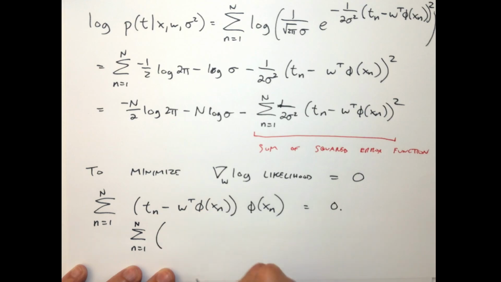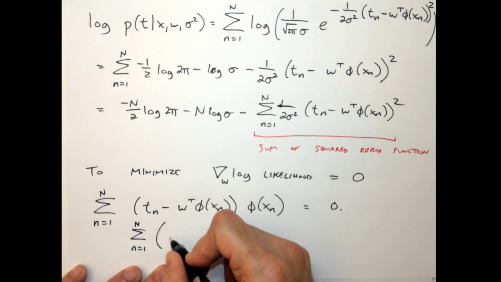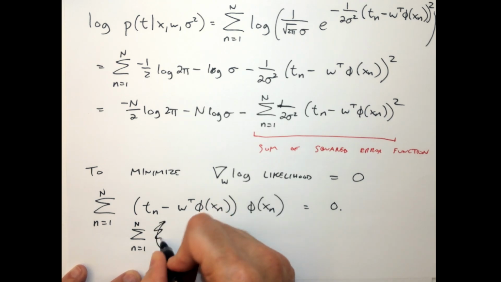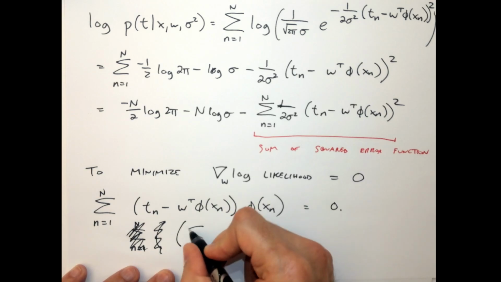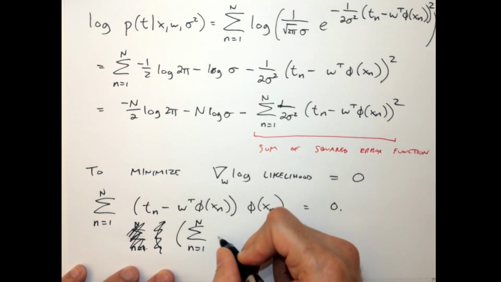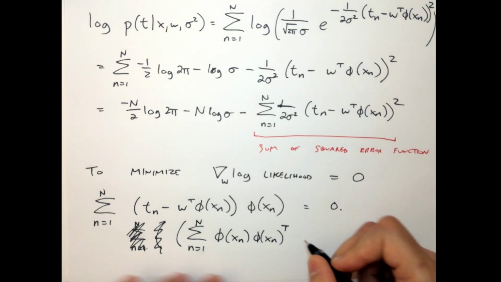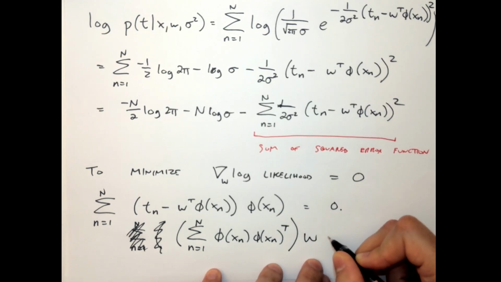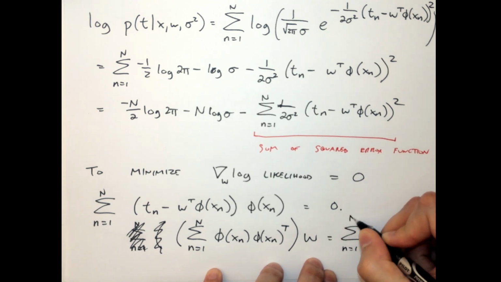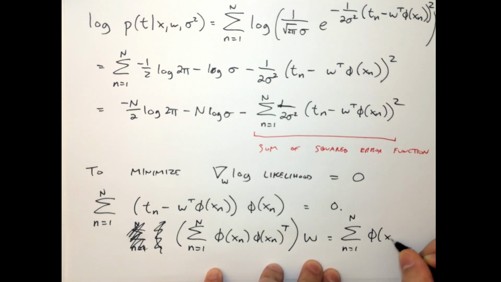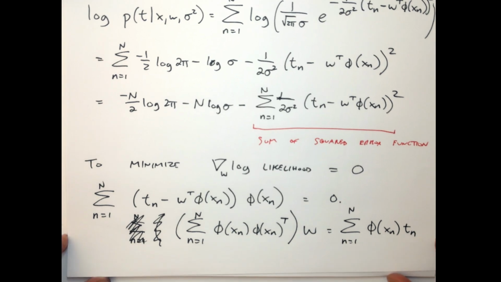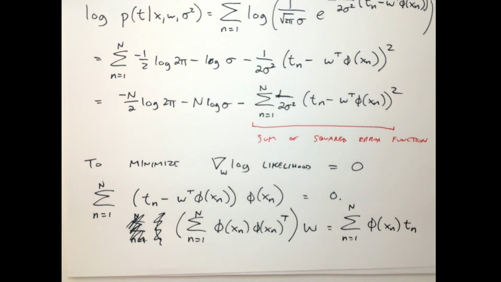I've got a matrix that looks like the sum of a bunch of outer products like this, times w, and that equals the sum of these vectors times T_n. If you're wondering where these transposes are coming from, work it out yourself with some simple matrices, and you can convince yourself that this is what happens.